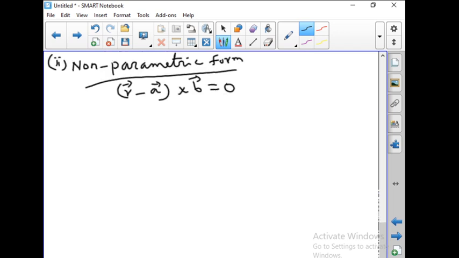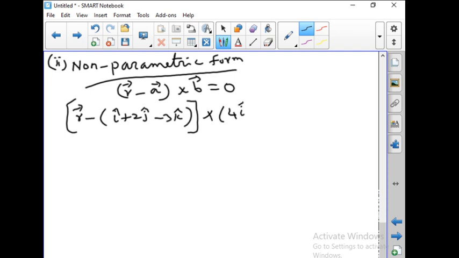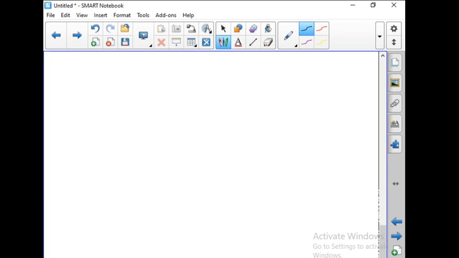So again you take and write r vector minus a vector. A vector is i cap plus 2j cap minus 3k cap, cross b vector. So b vector is 4i cap plus 5j cap minus 7k cap is equal to 0. So this is non-parametric form.